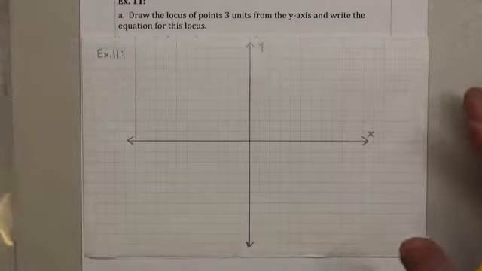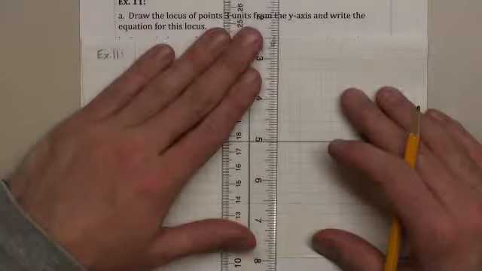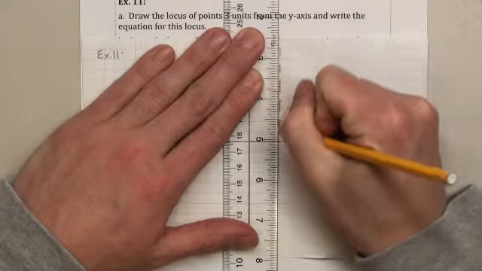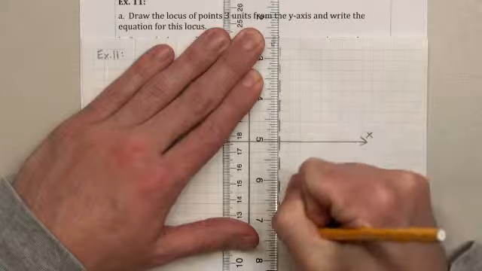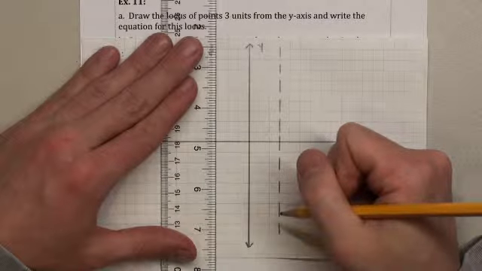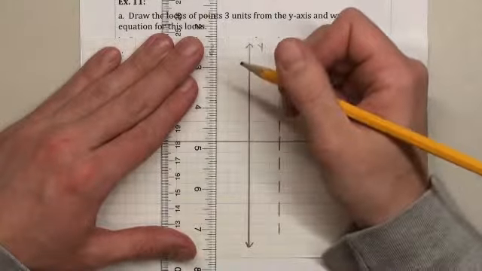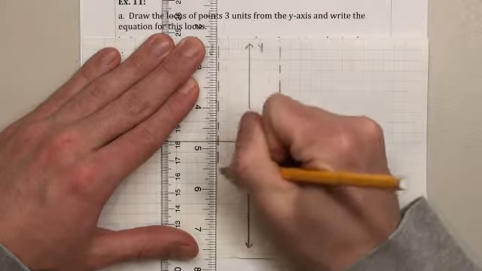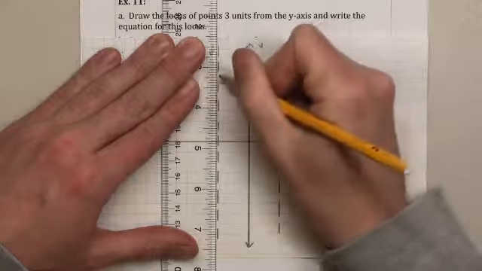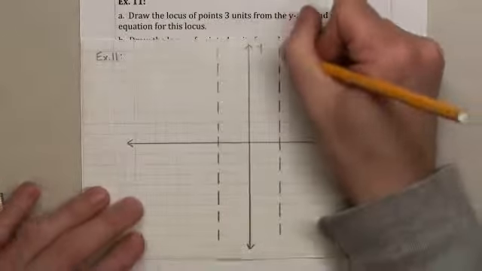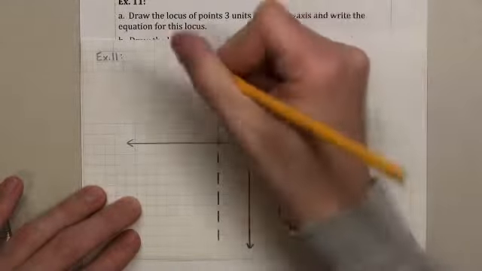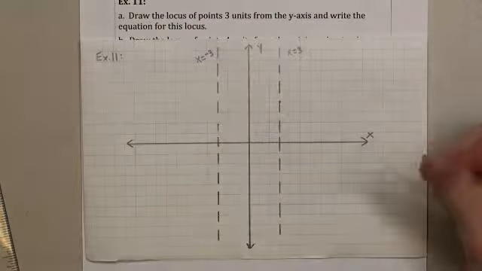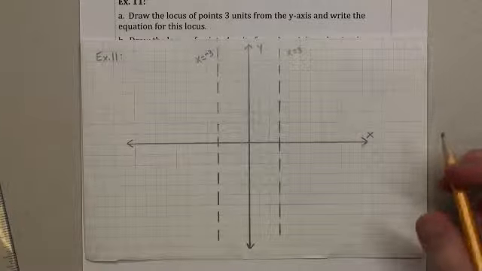And write the equation for this locus. So that would be 3 units to the right. And 3 units to the left. This is the line x equals 3, and this is the line x equals -3. Okay? Those are the equations. It said you had to write them.